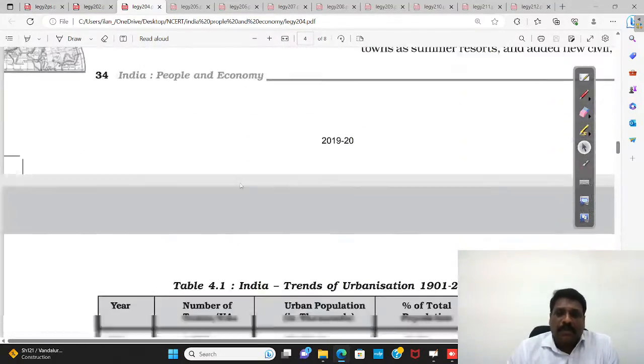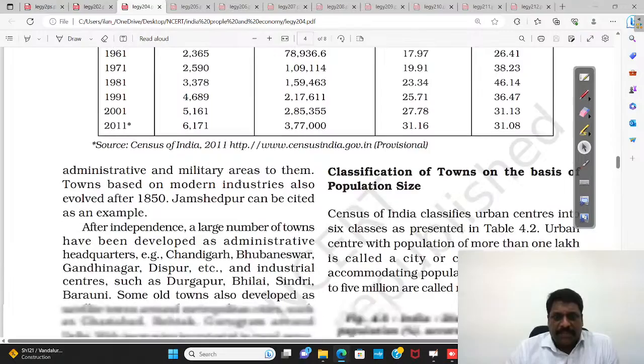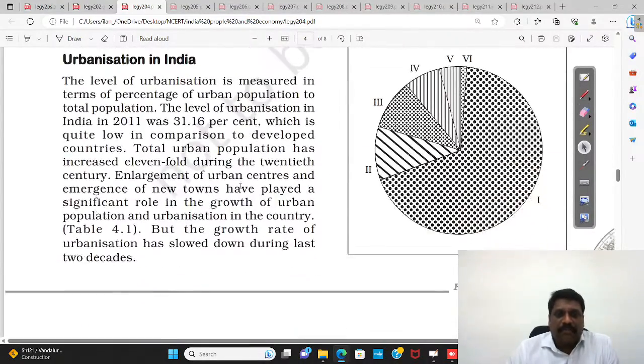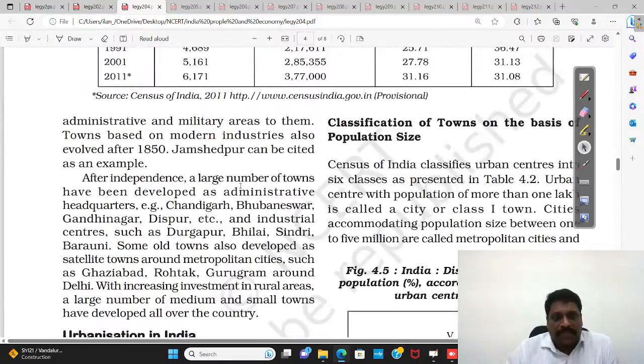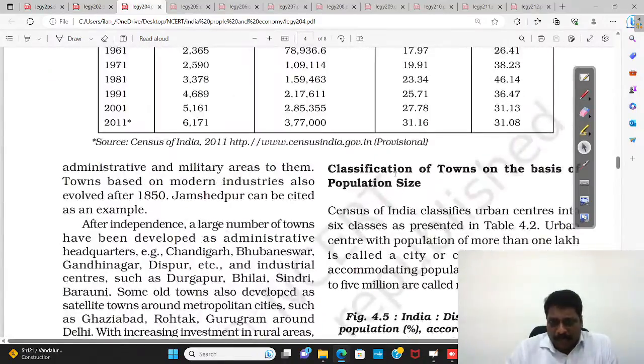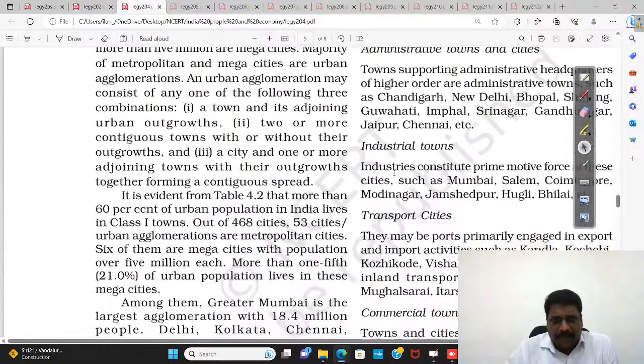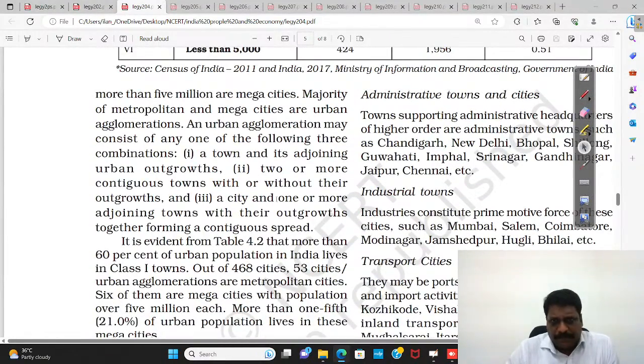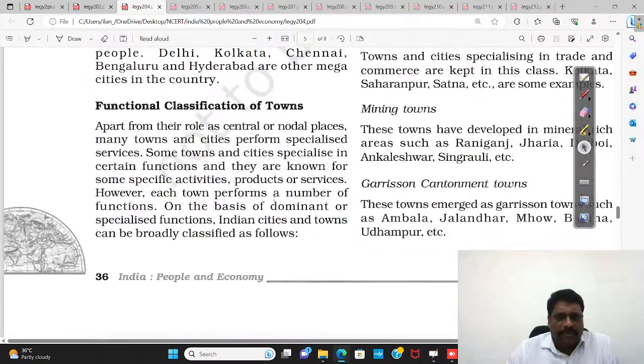Now, how exactly do we classify this urban area? There are a few conditions to classify it. Number one, the very first, I'm just looking for the classification of town.